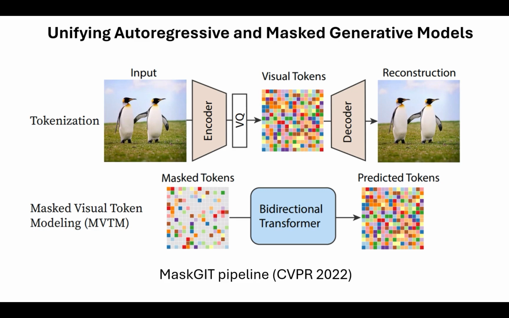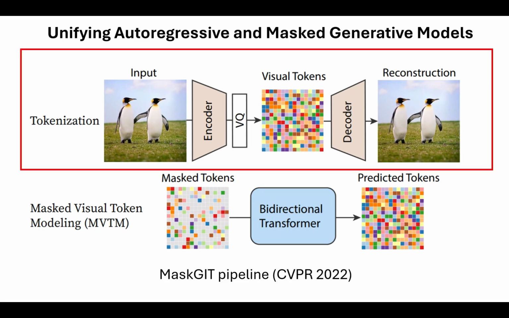If you don't know what mask generative models are, I can show you MaskGIT as an example from CVPR 2022, where the training happens in two stages. In the first stage, called tokenization, we use a VQVAE to encode the image into discrete visual tokens and then train a decoder that decodes those discrete vectors in the latent space and reconstructs the original image. So the first phase is just a reconstruction task.